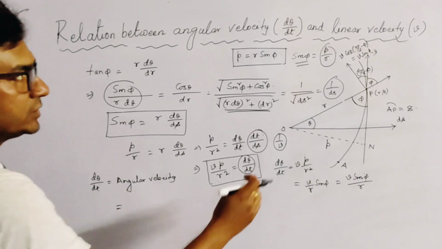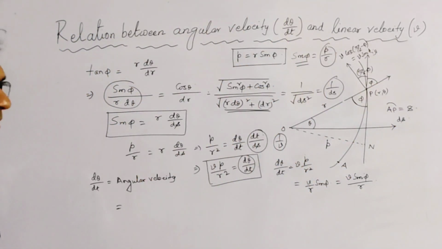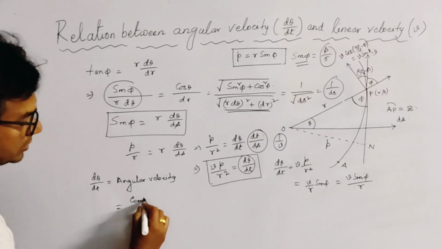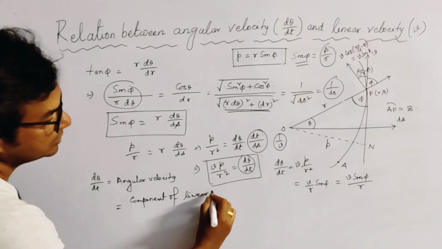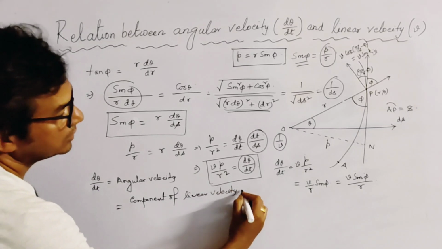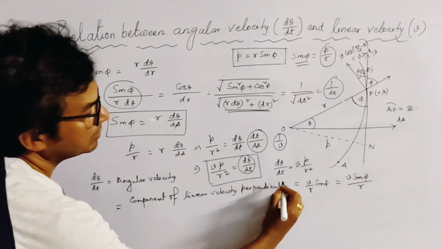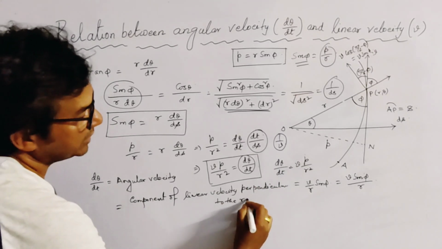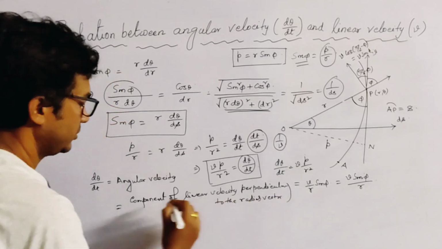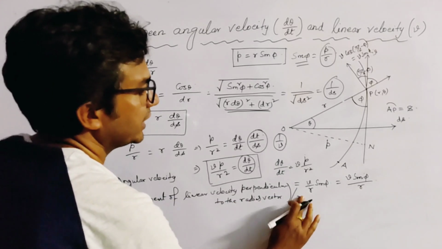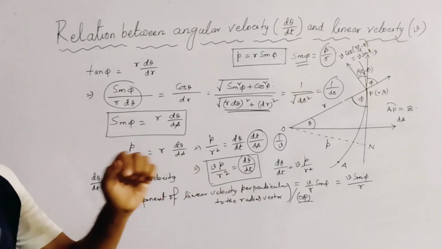This is equal to the component of linear velocity perpendicular to the radius vector, divided by r, where r means OP, the length of the radius vector.